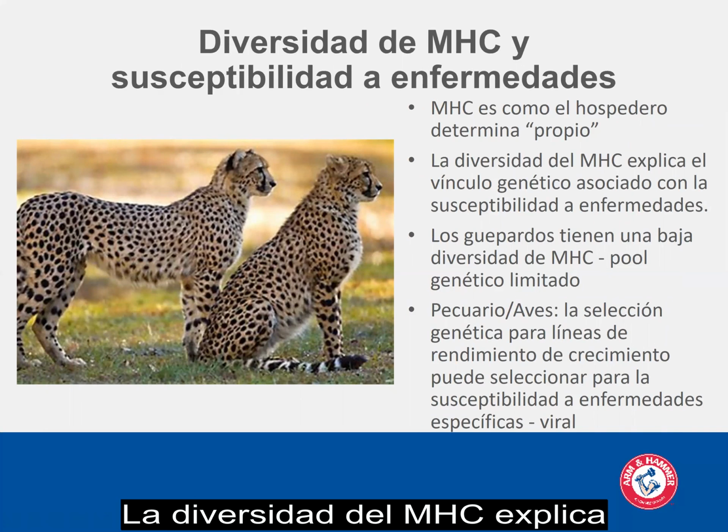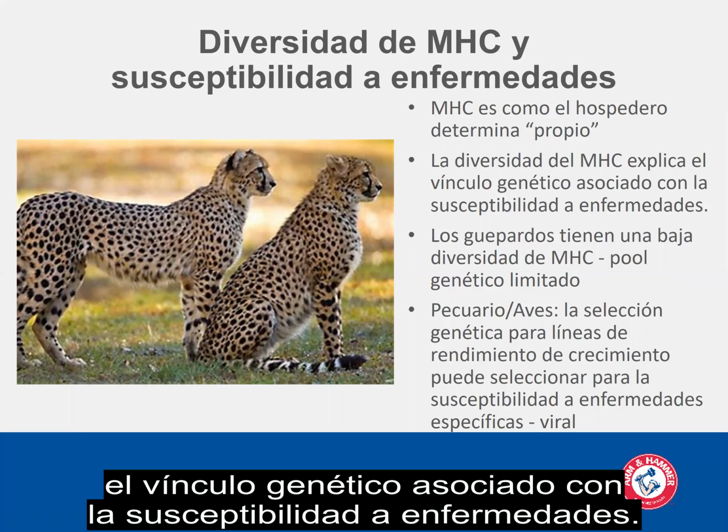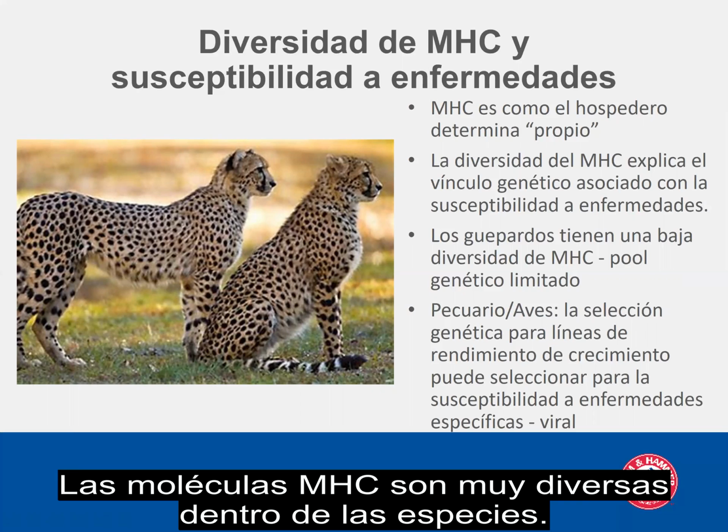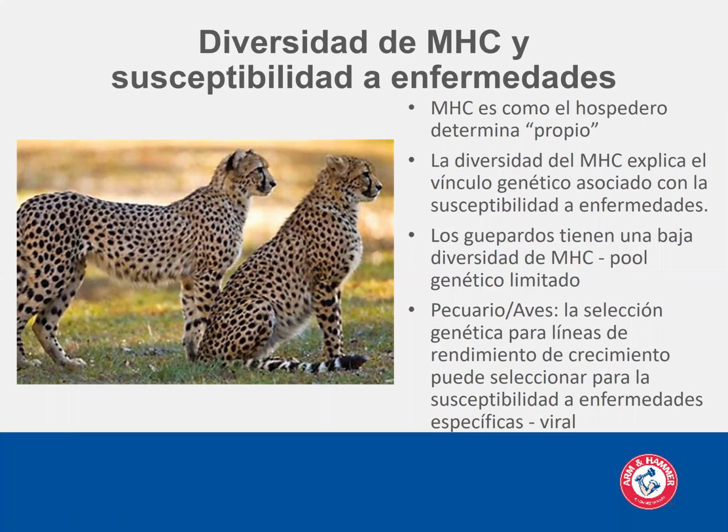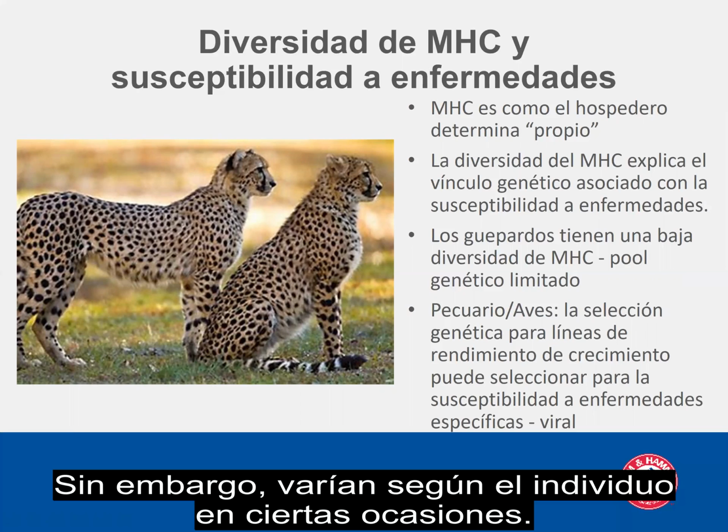So MHC diversity kind of explains some of this genetic link to disease susceptibility. The MHC molecules are diverse within a species, but they're unique to, or mostly unique to, an individual.